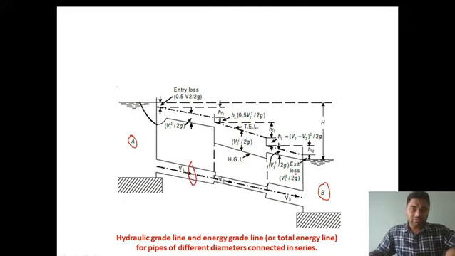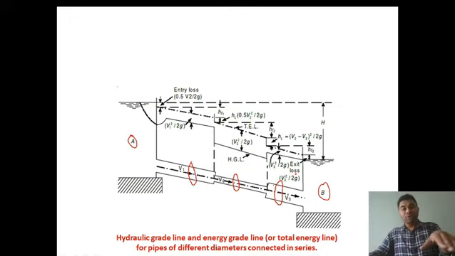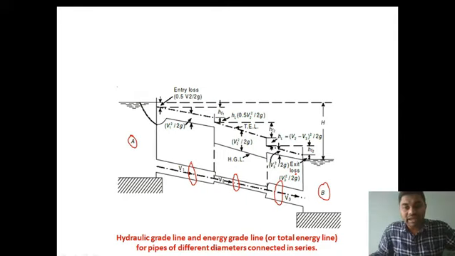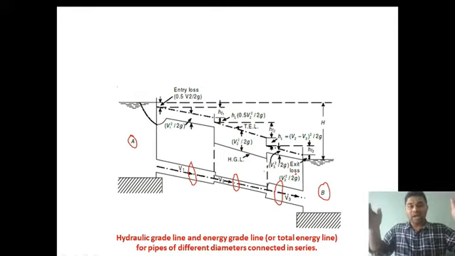The diameter of this pipe is different, and the diameter of this pipe is also different. So, there is no constant diameter pipe between reservoir A and reservoir B. The water is being transported with different diameters of pipe.